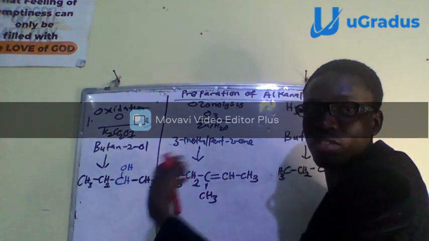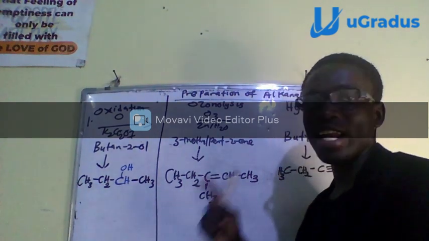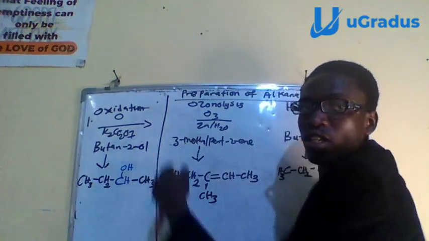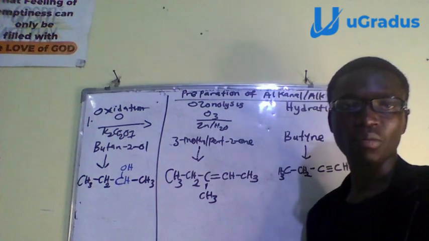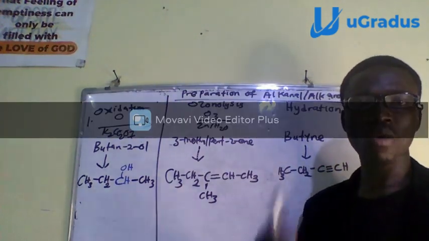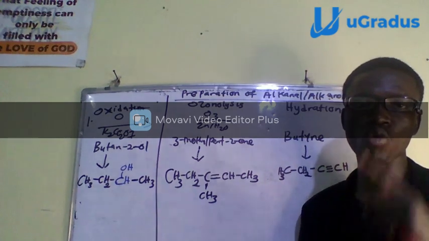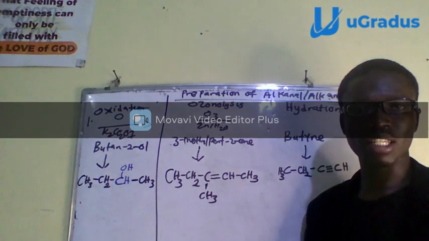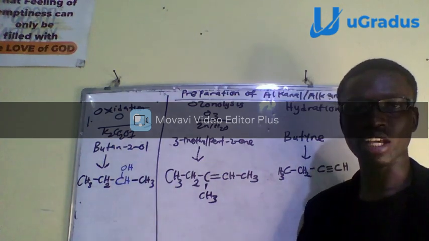That's how to check if it's a primary or a secondary alcohol. Any alcohol that has two carbons surrounding the carbon with OH is a secondary alcohol. The oxidation of a secondary alcohol will give alkanone, while the oxidation of a primary alcohol will give alkanal. Definitely, with my example, I'm not going to get alkanal, I'm going to get alkanone.